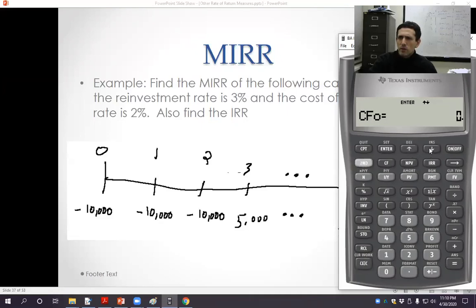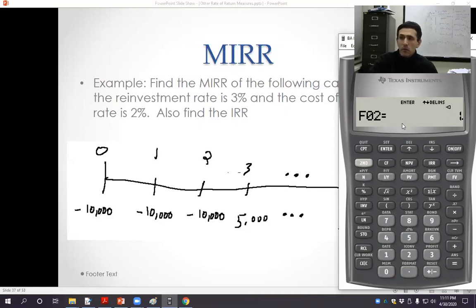Let me enter this again. Okay, so 10,000, enter. Then we have another 10,000. You can do the frequency, but let's just do 10,000 a third time. It doesn't save me any time.